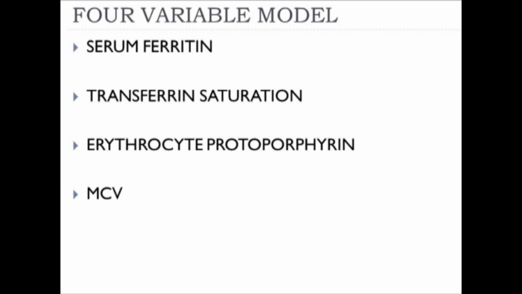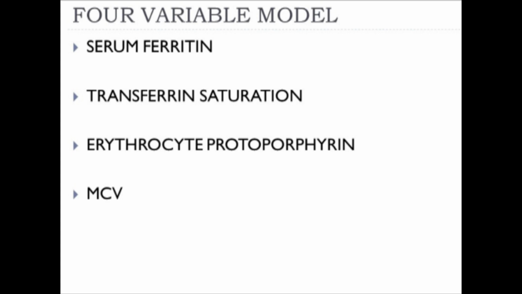So if the transferrin saturation is declining and the erythrocyte protoporphyrin is increasing, both characteristics seen in both types of anemia, but the serum ferritin is normal and the MCV is normal, then the hematologist or physician can conclude that it's not iron deficiency anemia, but rather anemia of chronic disease.